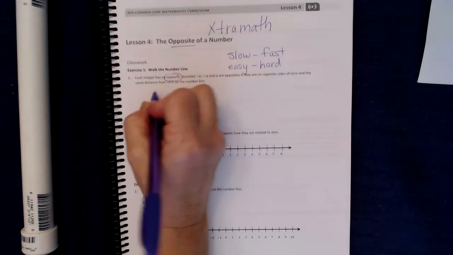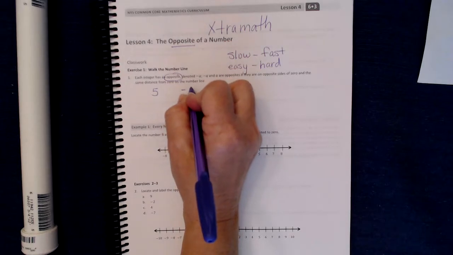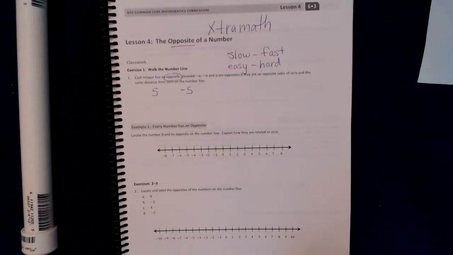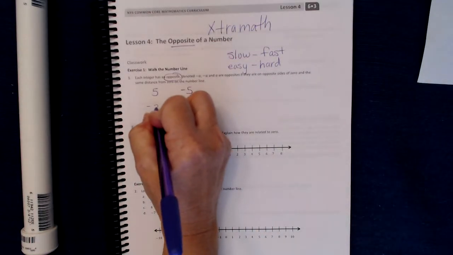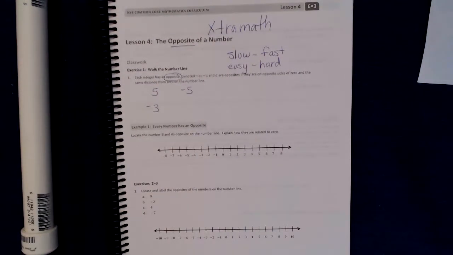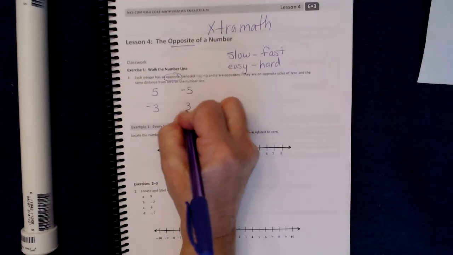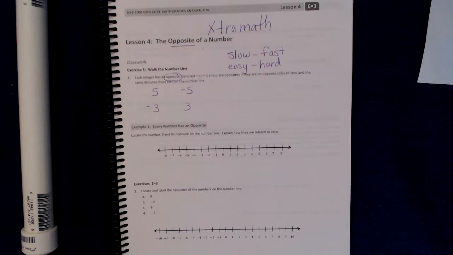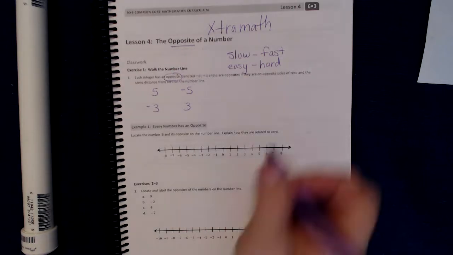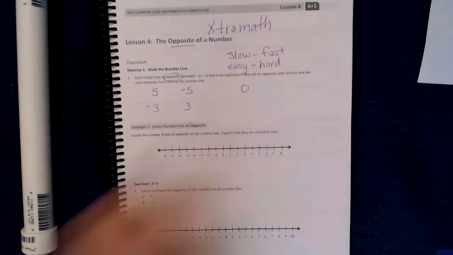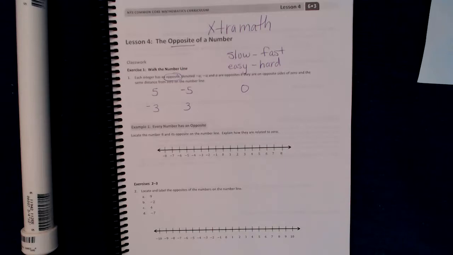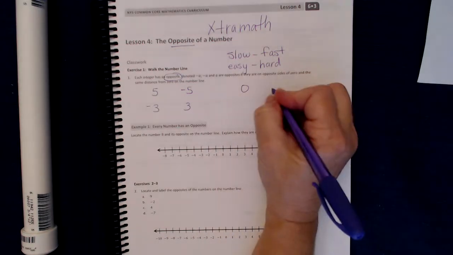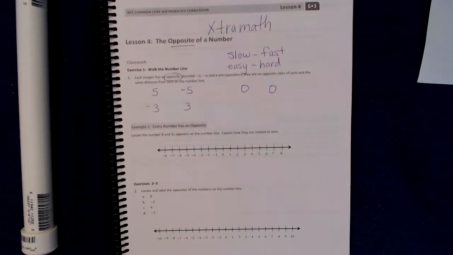So, for example, the opposite of 5 would be -5. The opposite of -3 would be +3. What would the opposite of 0 be? Do you remember what the opposite of 0 would be? John, do you remember? John, you are correct. The opposite of 0 is 0. It is the same.